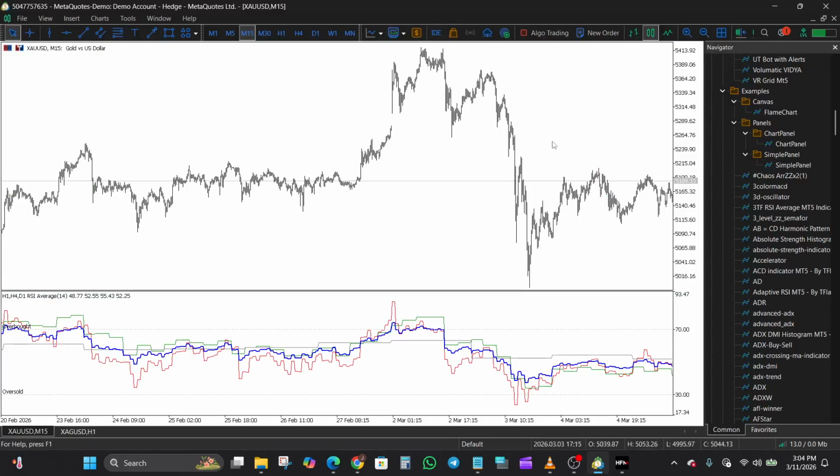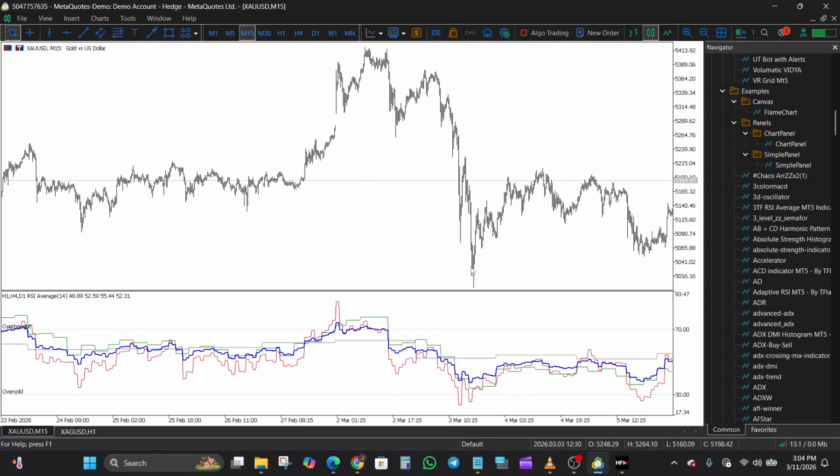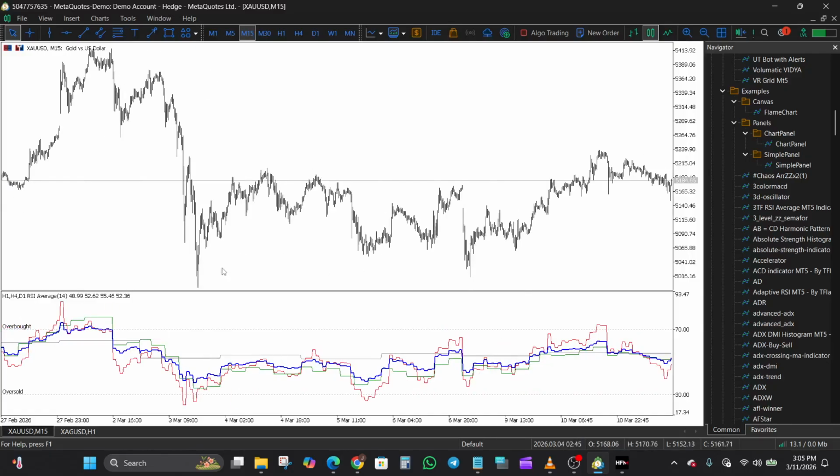The reason why I'm zooming out is so that we can see when the indicator entered oversold territory. We can see that here the red line entered oversold territory, and after it entered oversold territory, it was a good time to buy. We can see that if we had bought here, we would have caught a good number of pips, right?